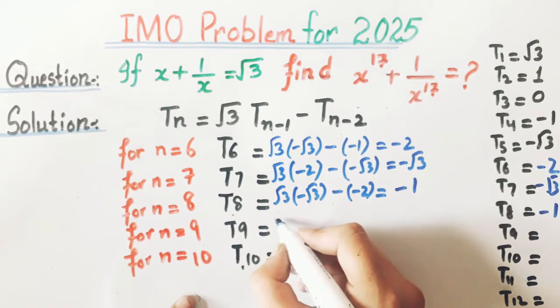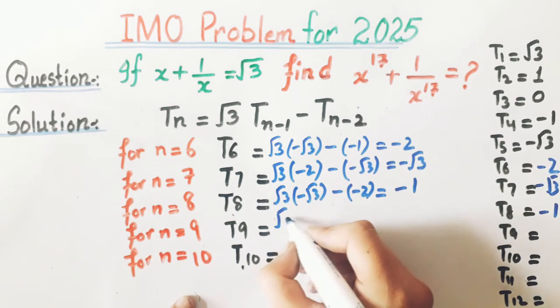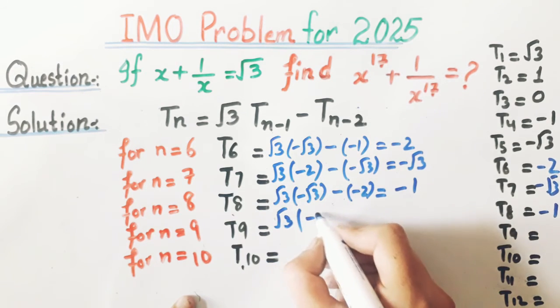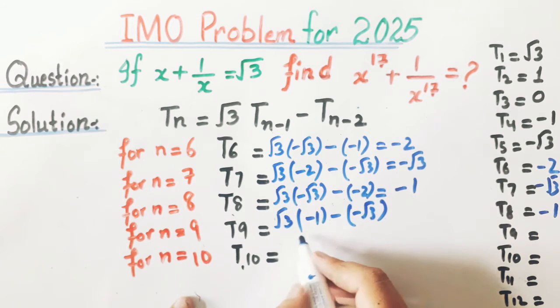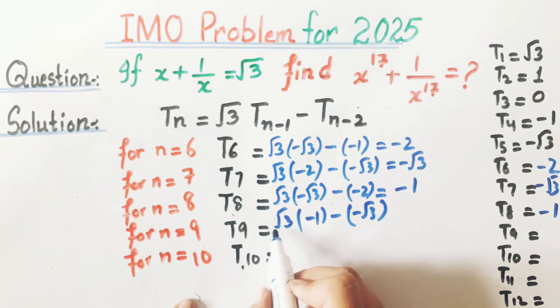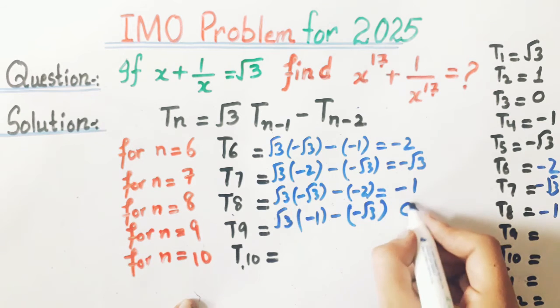Now in this way we will calculate the value of T9: square root 3 into minus 1, minus the previous value. So this will be equal to minus square root 3 plus square root 3, which is 0.